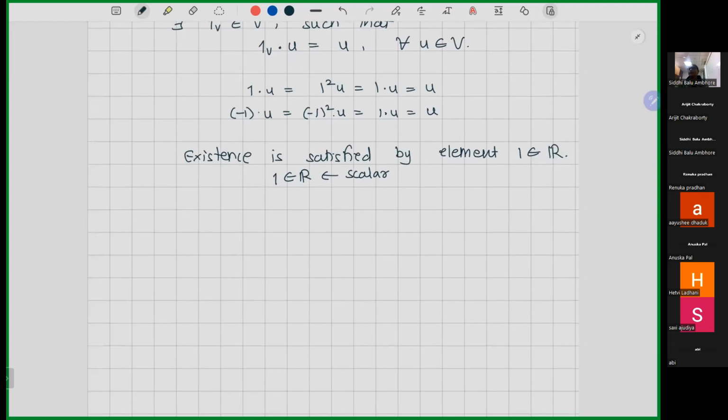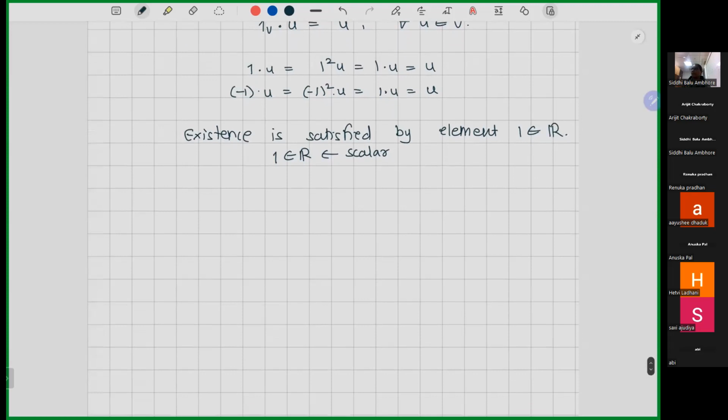Any doubt? The existence is satisfied. We have an element which satisfies this property.